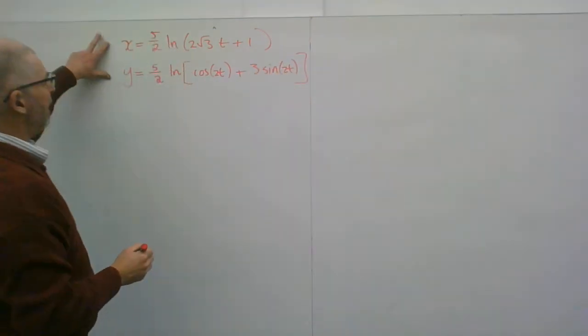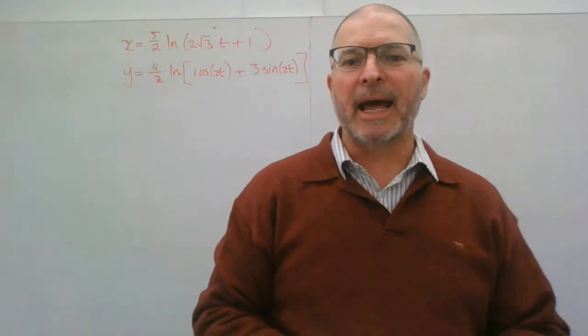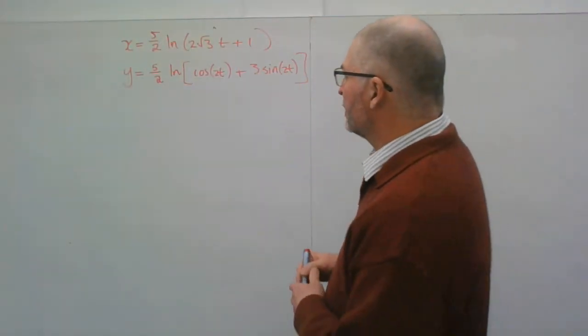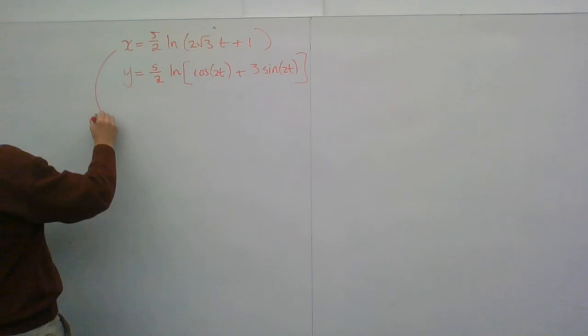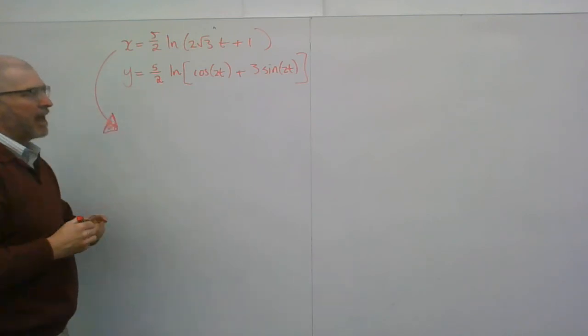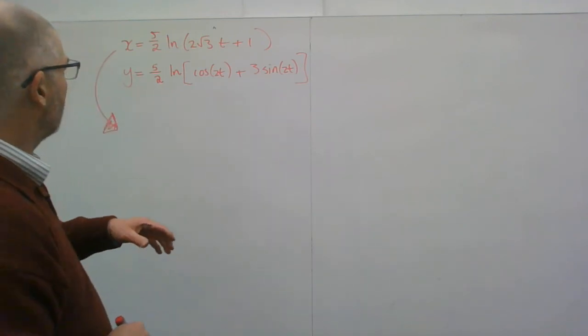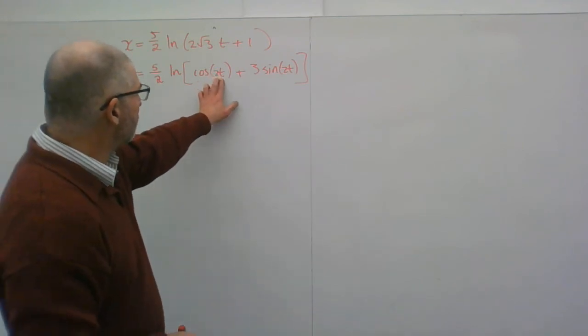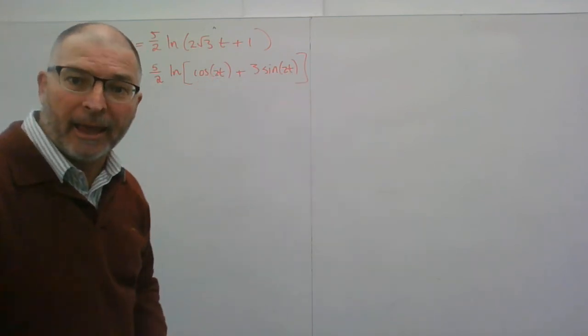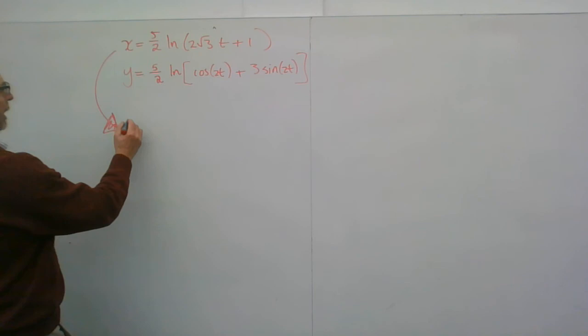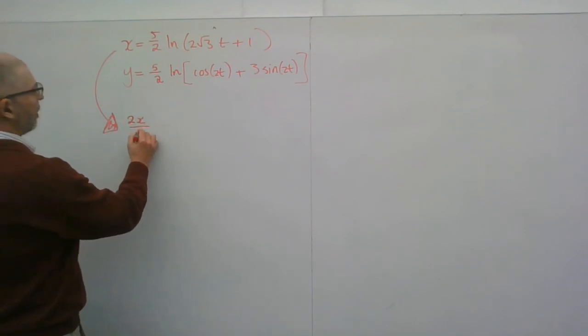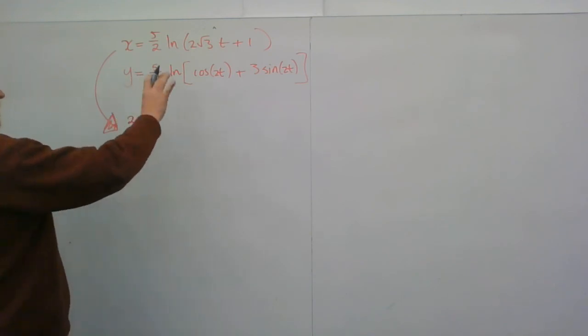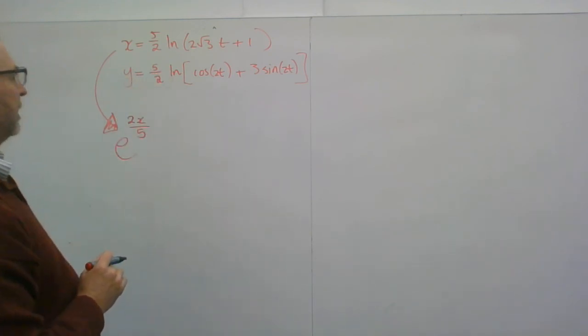So these pair of equations, and we want to eliminate the parameter t. So what I might do is take this one and see what t is as the subject, or even 2t, because I can pop 2t into there. So that's 2x on 5, and e to the 2x on 5 will be equal to 2 root 3 t plus 1.